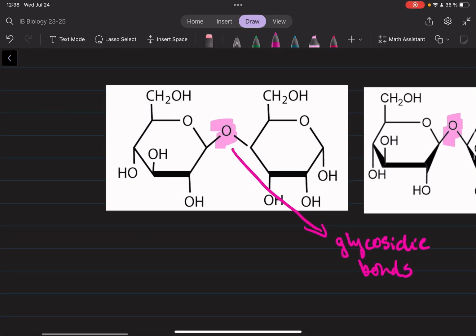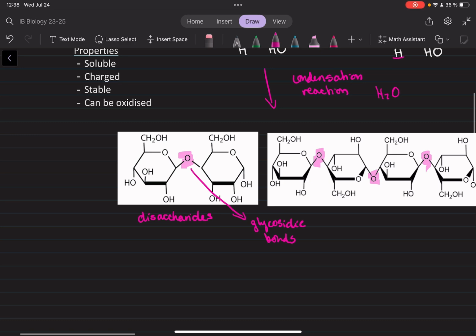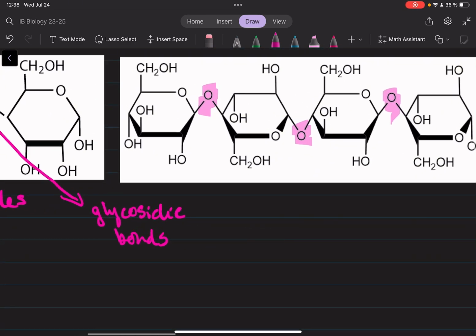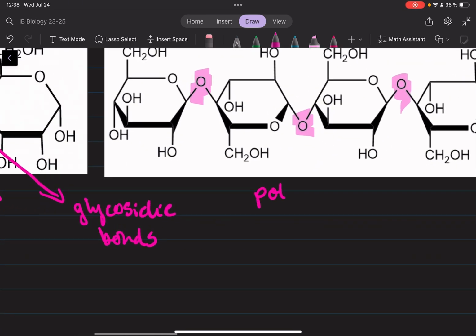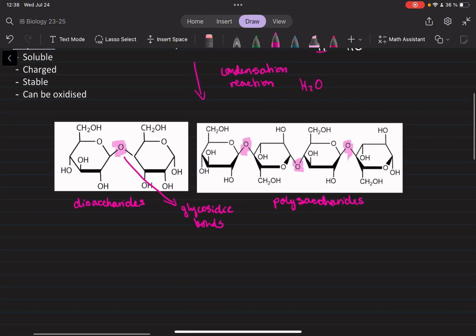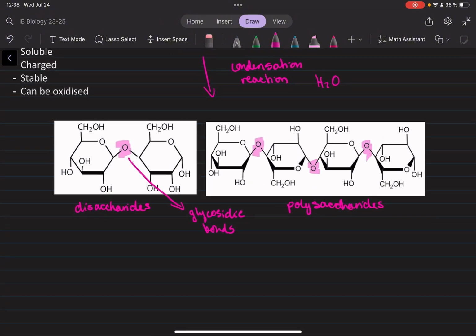From this we can get disaccharides, which are just 2 monosaccharides put together, no more, no less. Or you can get polysaccharides, which are more than 2. Poly is many and saccharides are just sugars, so many sugars.